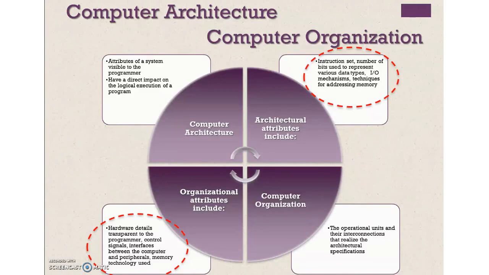For example, it's an architectural design issue whether a computer will have a multiply instruction. It's an organizational issue whether that instruction will be implemented by a special multiply unit or by a mechanism that makes repeated use of the add unit of the system.